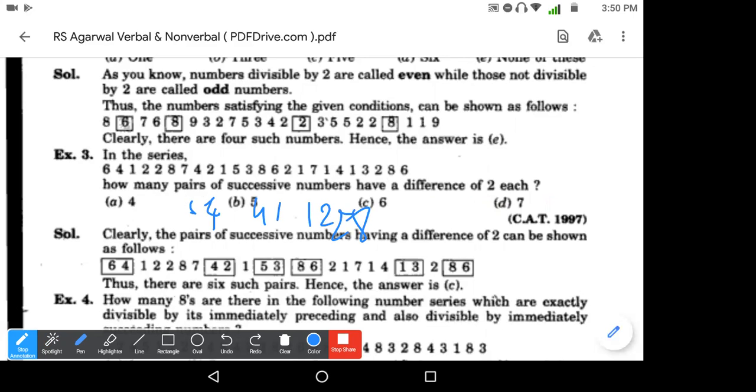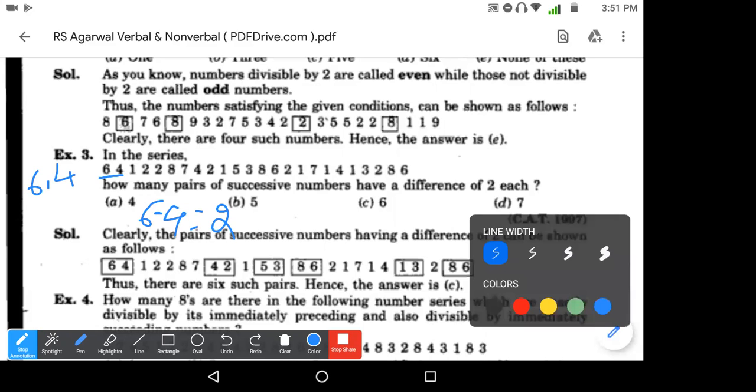Okay, they have a difference of 2. Now let us see how to find out. We will take the numbers one after the other. Now first two numbers, 6 and 4. So 6 minus 4 is 2. Correct? So we got the first pair, that is 6 and 4. That is the first pair.